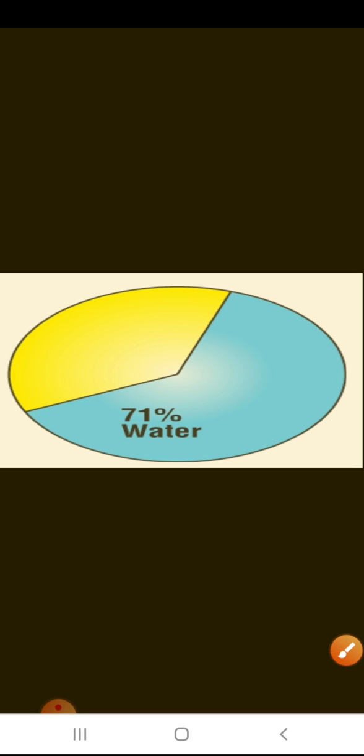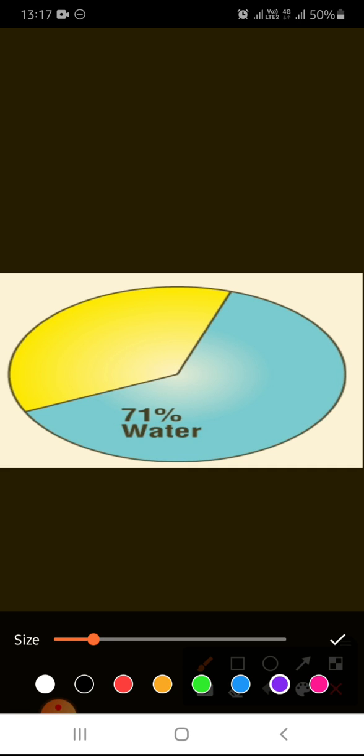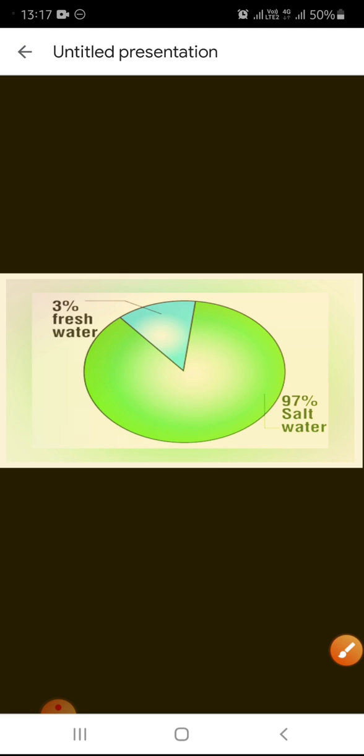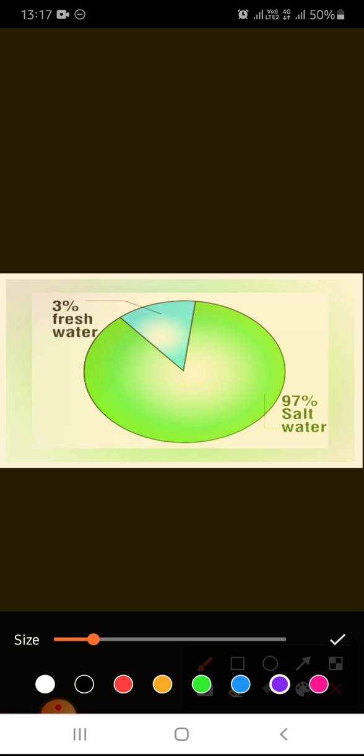As you can see in this diagram, this is the total earth, and almost 71% of the earth is covered with water. And of that 71% water, 97% is salt water, and only 3% of water is fresh water.